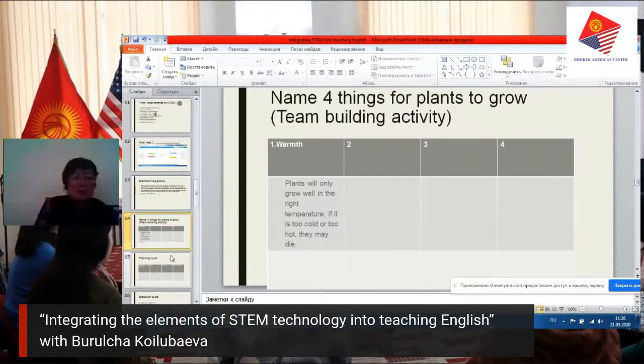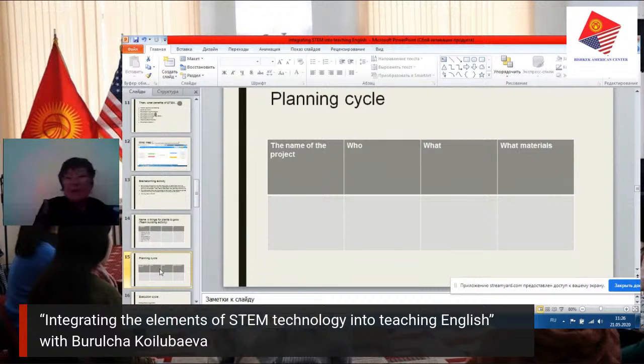After this comes the planning cycle. The planning cycle is very important in a STEM project. I was using not PPP here, but something a little different from PPP, and the planning cycle is similar to practice. Here I gave this kind of chart.